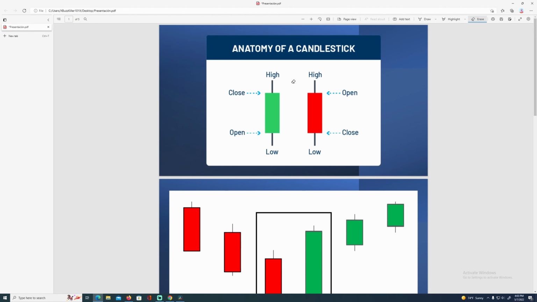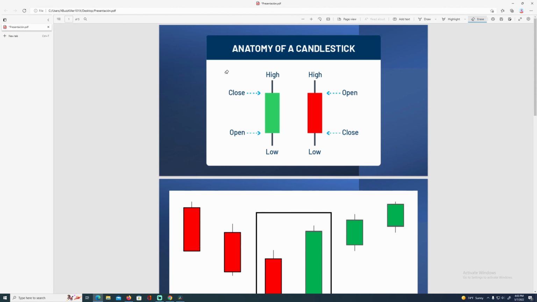You should start taking notes right now, and we're going to go through this real quick, because honestly candlesticks are not that hard. If we are in a 4 hour time frame, a candlestick has basically this anatomy. The highest point that the candlestick went to during that time frame is called the high.